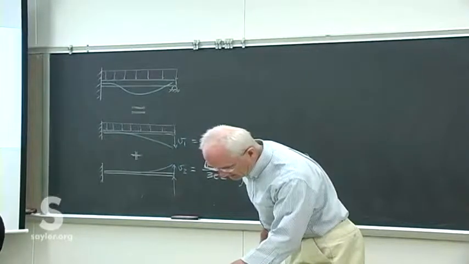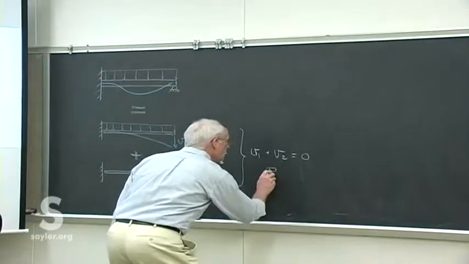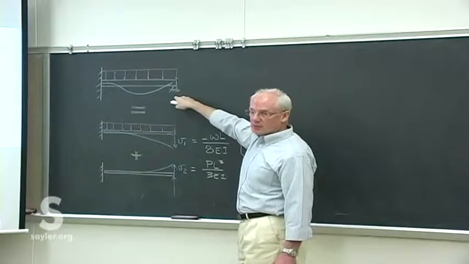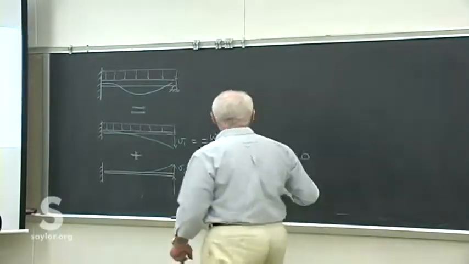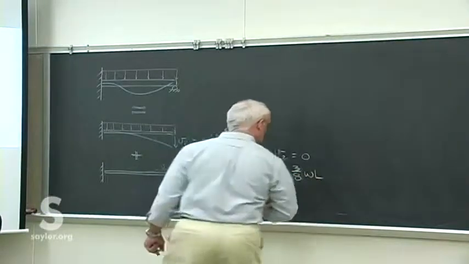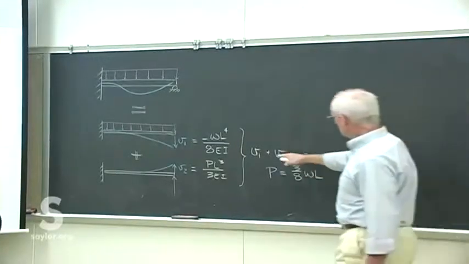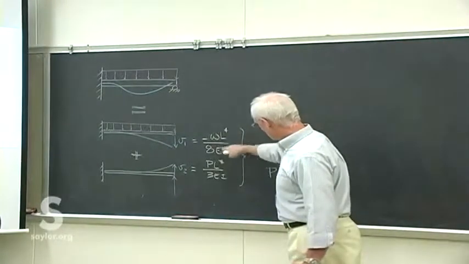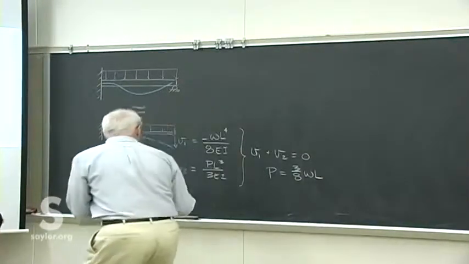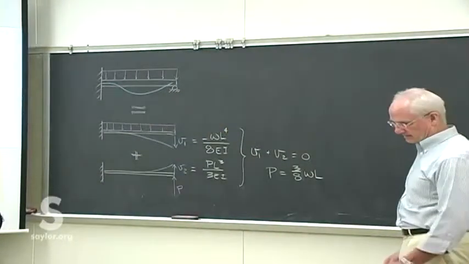And so we can then use that to solve for P, which is equivalent to the reaction at that point, which is 3/8 WL. As simple as that. When you put V1 plus V2 equals 0, put those two together, the unknown is P that we're using to represent the reaction at that end.